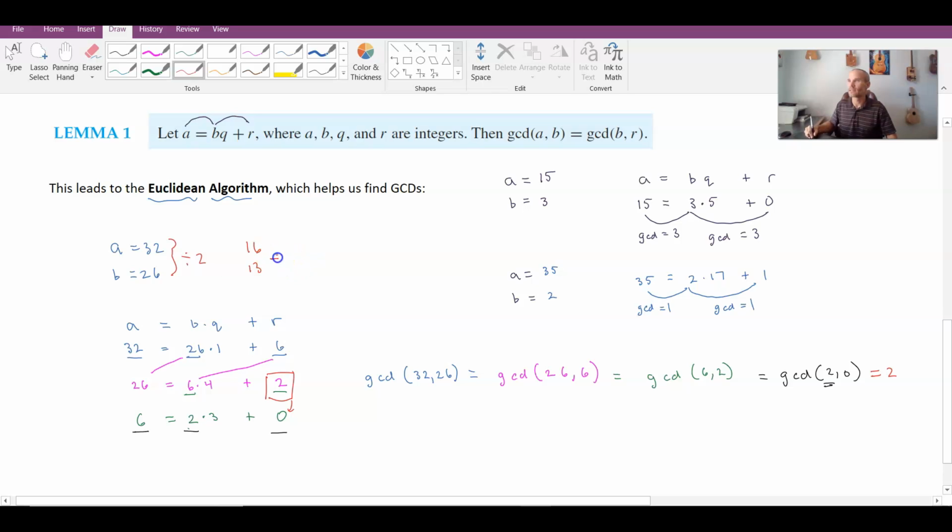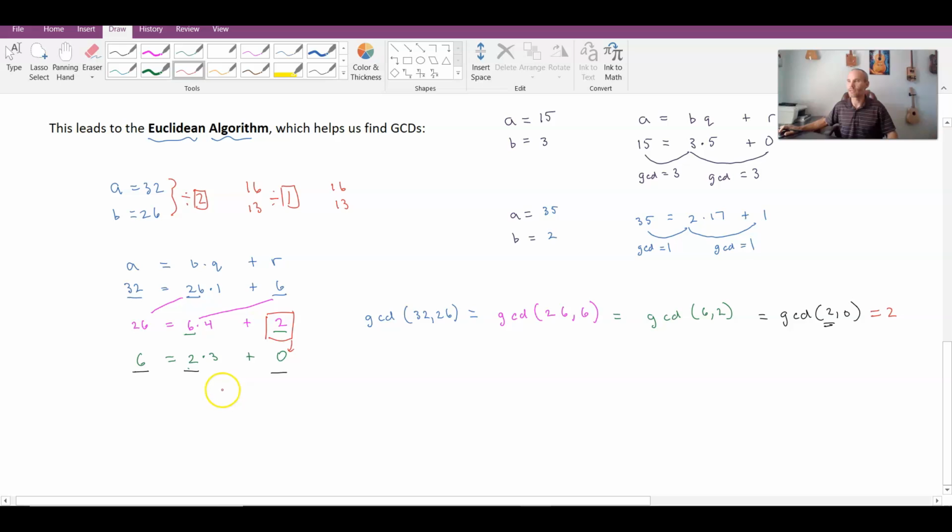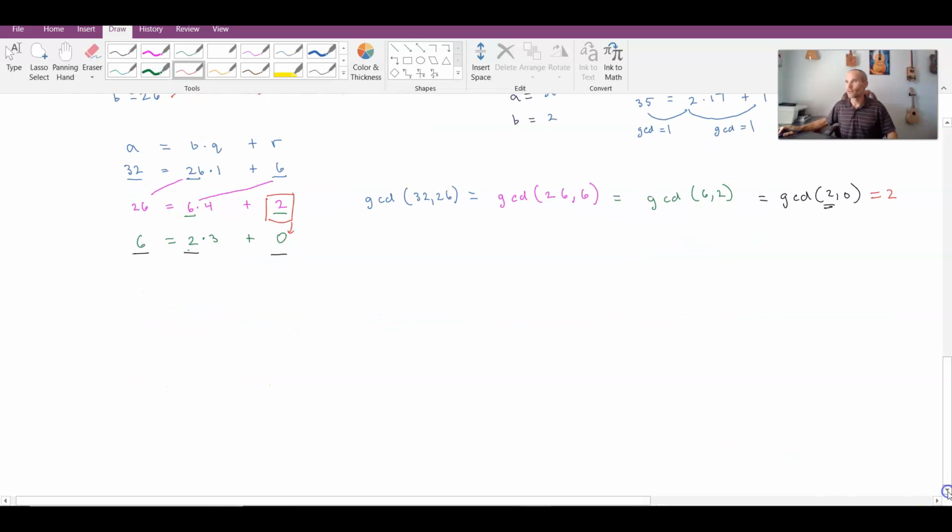But since I can only divide these by 1, and those numbers no longer change, this number times this number, that's the product of my divisors, that's going to be the GCD. But you can imagine for large numbers, this would be a very painful process if you weren't using the Euclidean algorithm. It turns out that we can do this for really large numbers too.